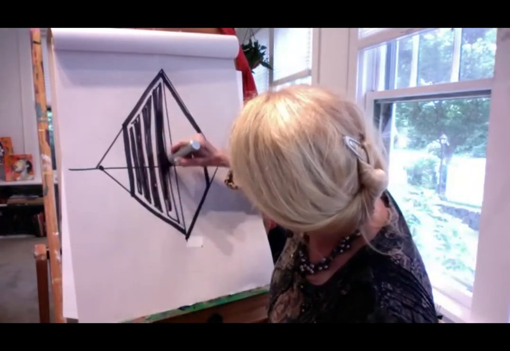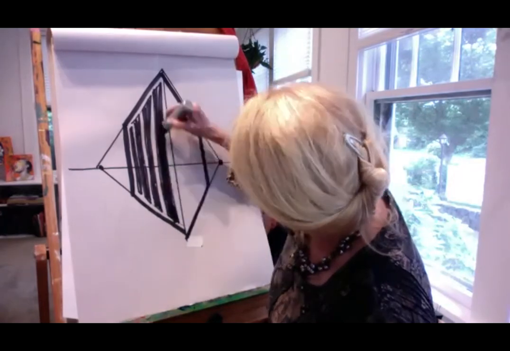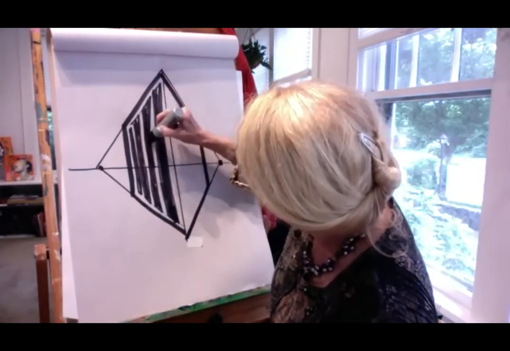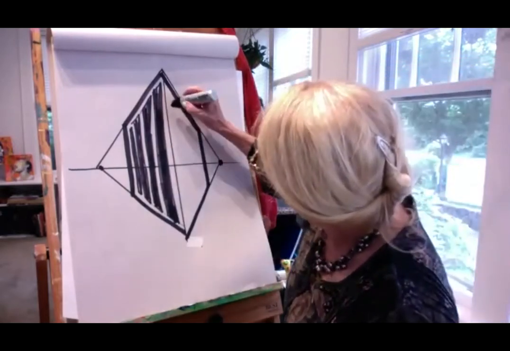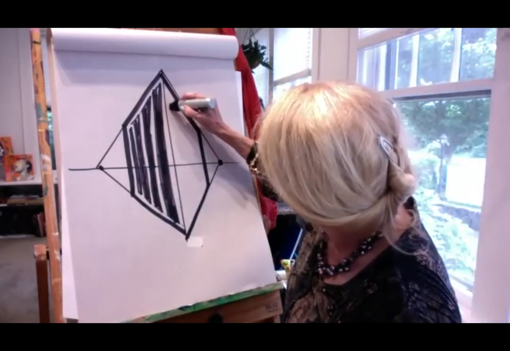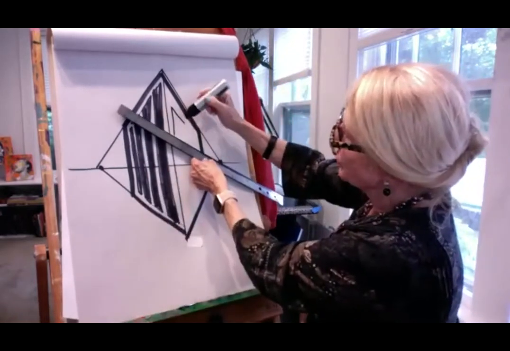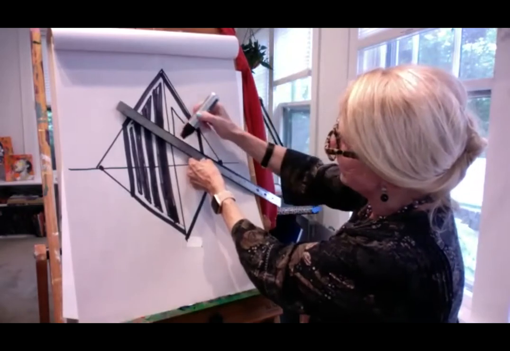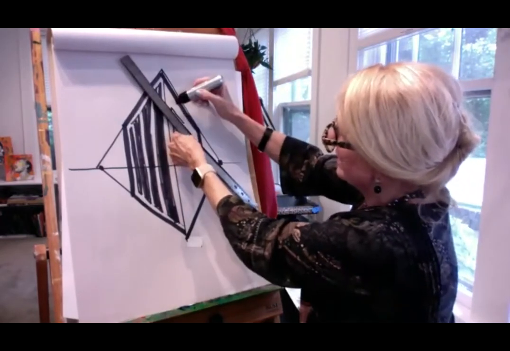And there are many other perspective exercises that we can do. If I wanted to have short windows, I would still follow that line like this way and this way.